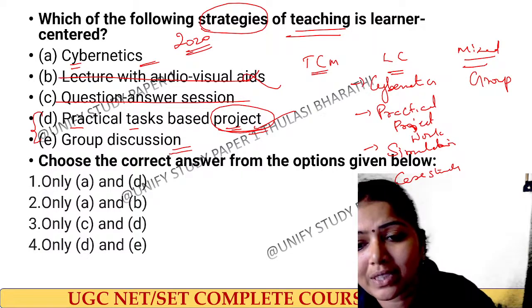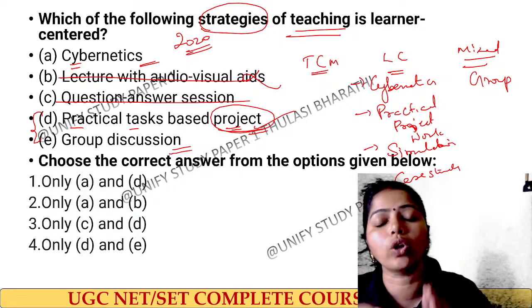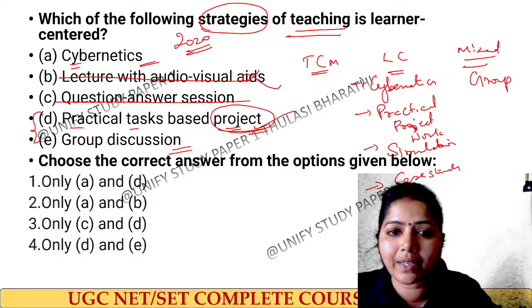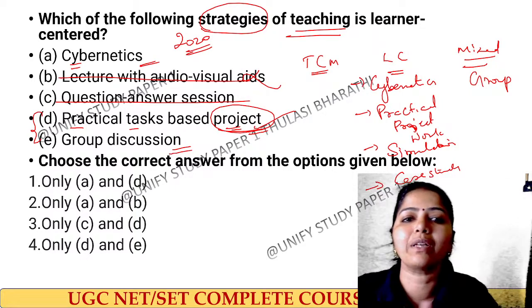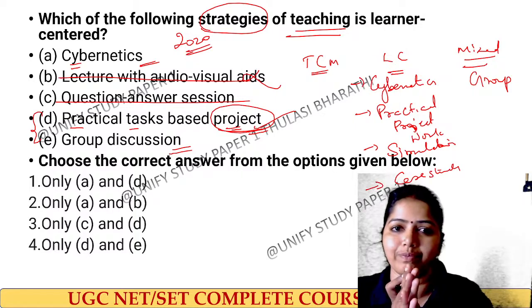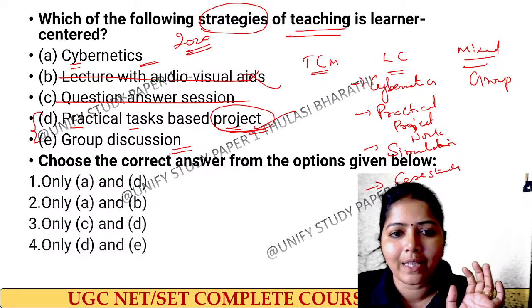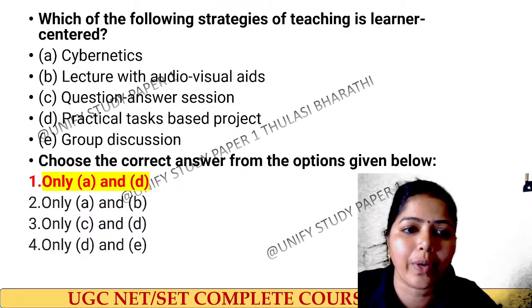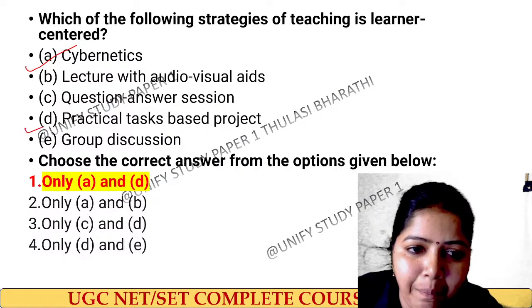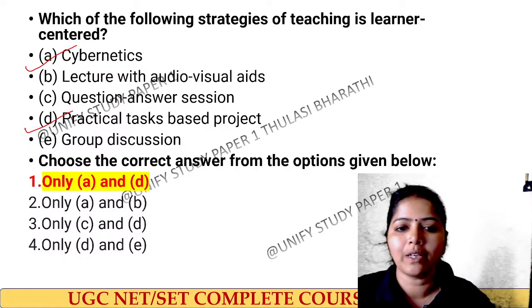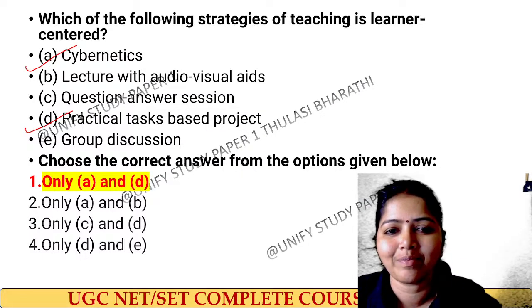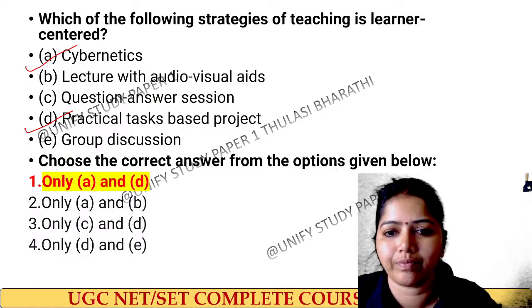Why not group discussion here? Group discussion is also based on learner center, but here it is a mixed method of both learner and the teacher. Am I clear? That is why the right answer for the question is cybernetics and the practical based project method. Clear? You can write it down.